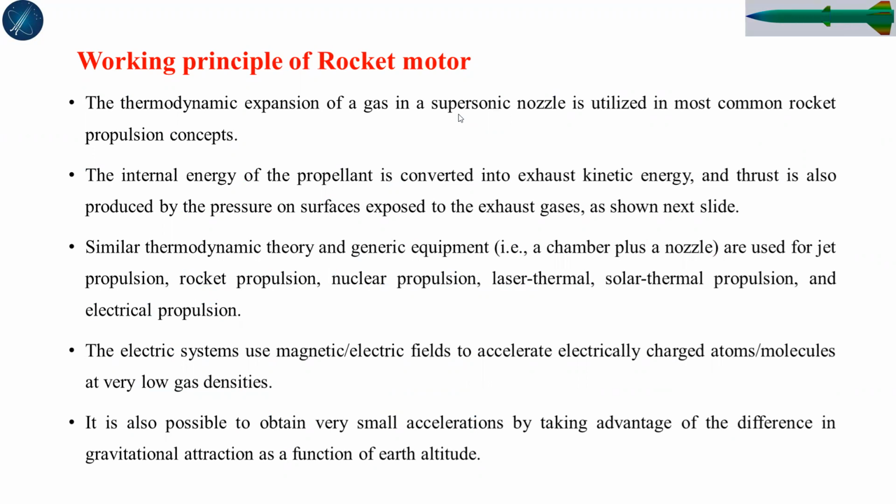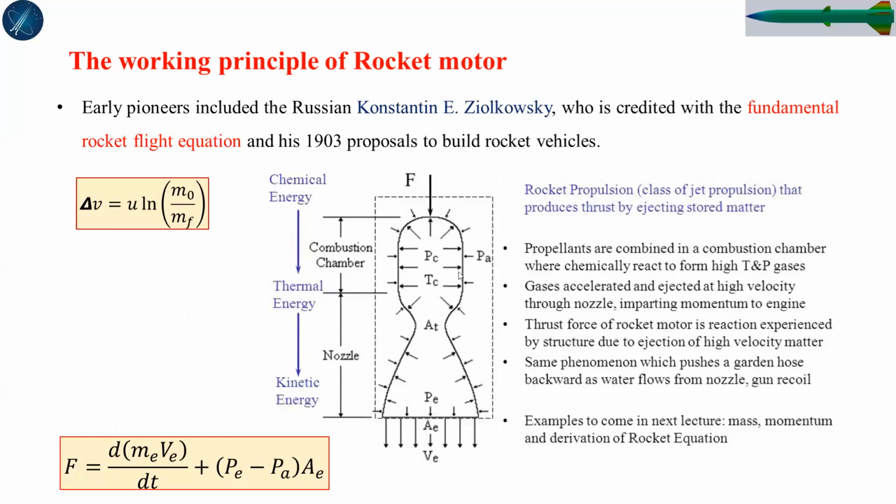How it works, the working principle, we already discussed last time. The change in velocity that we obtain from the rocket is related with u, which is the exit velocity Ve, the velocity at which the propellant is propelled through the convergent divergent nozzle.